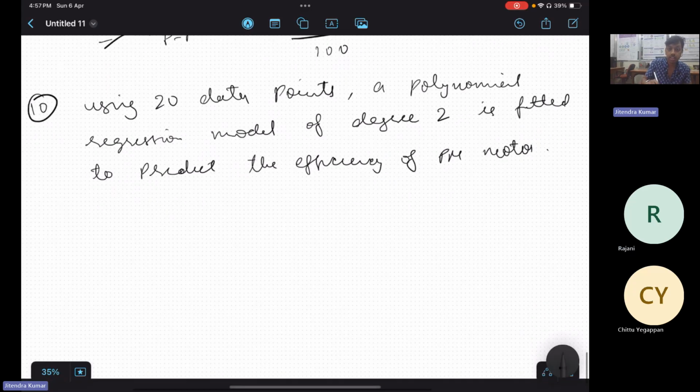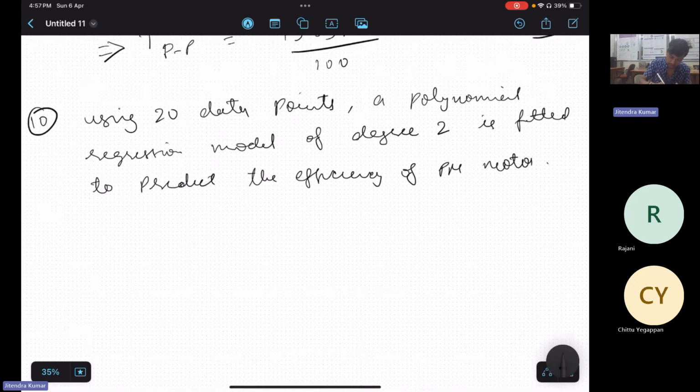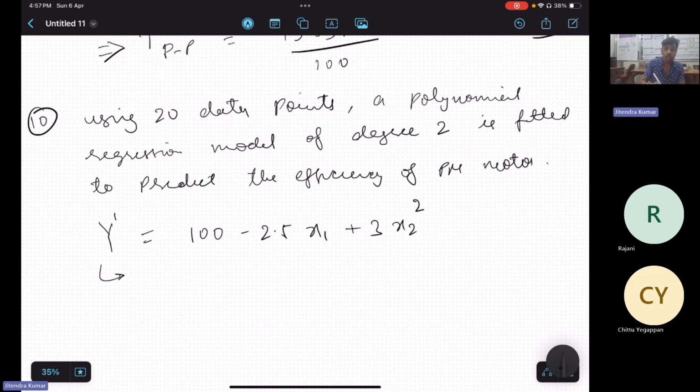The coefficients obtained from the model are like this: y dash equals 100 minus 2.5 x1 plus 3 x2 square, where y dash is the predicted efficiency.